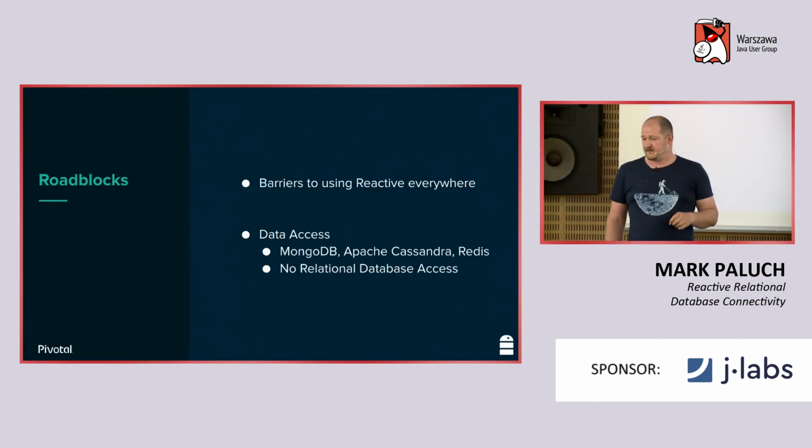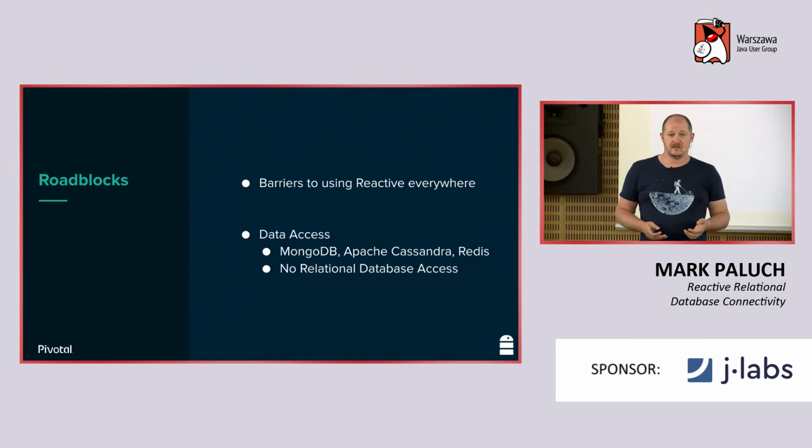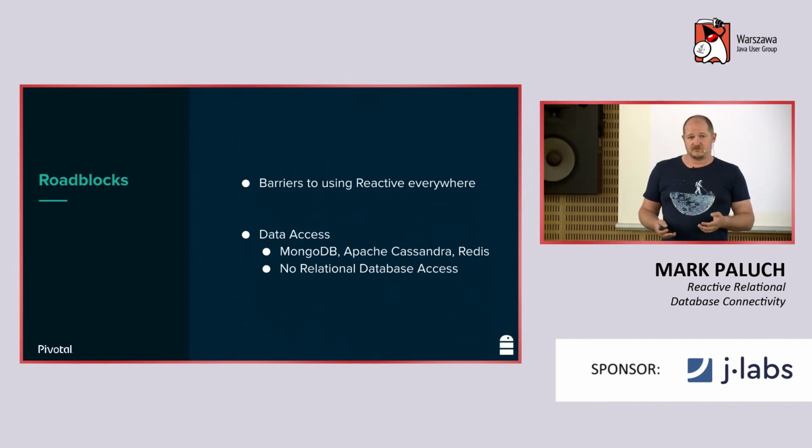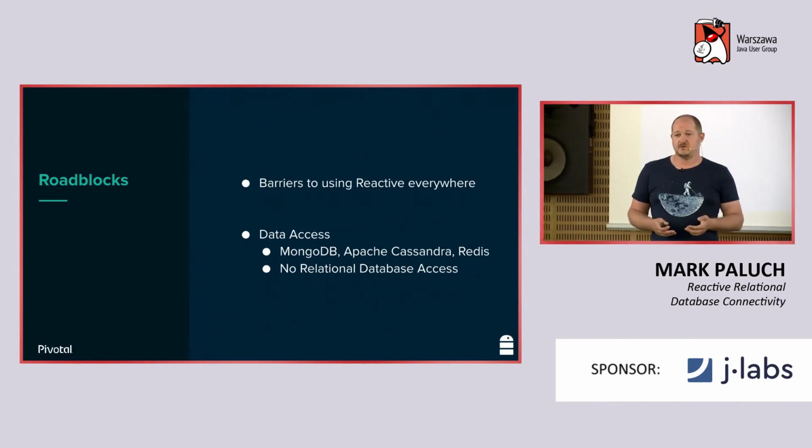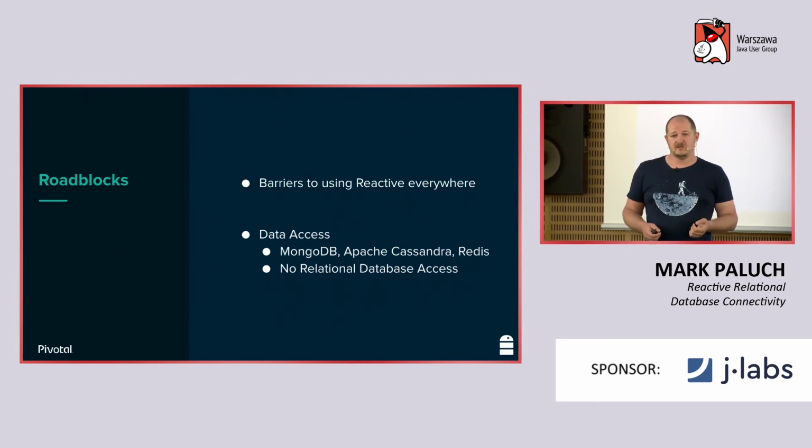Now, if we go down this path of reactive programming, we have to be reactive everywhere. See, if we drop blocking components into a reactive system, we immediately lose all the benefits of reactive programming, and we have a pretty high chance that we start blocking the small number of threads that are available in the reactive system, so that with a single blocking component we kill our entire application.